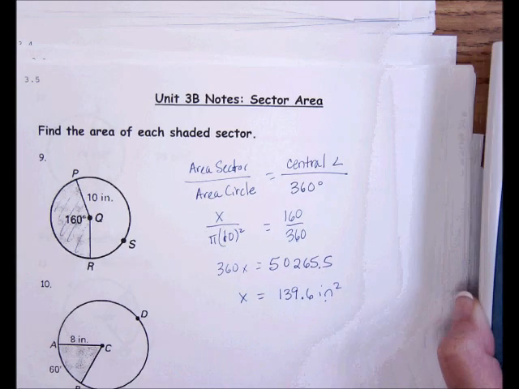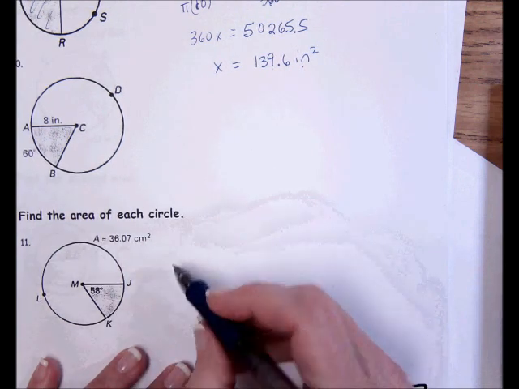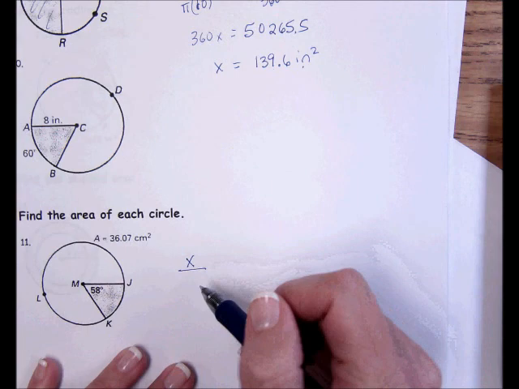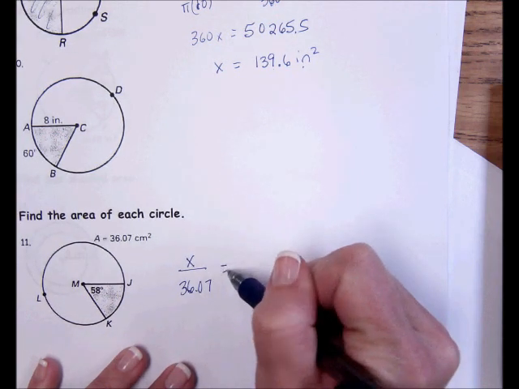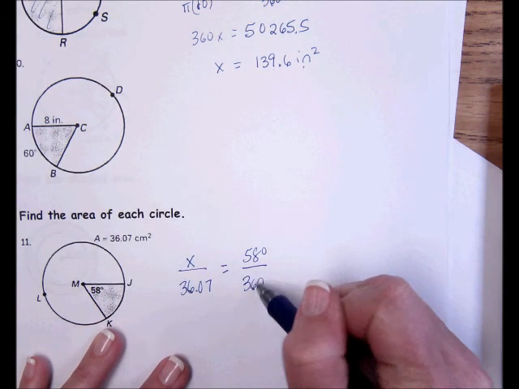So here, if you look at number 11, it's a different scenario. I'm given the area of the whole circle, so I'm solving for the area of the sector, and the area of the whole circle is 36.07. I'm given that the central angle is 58 over 360.